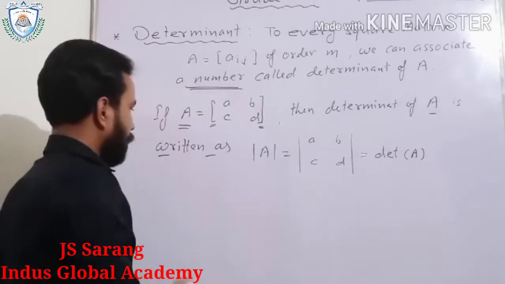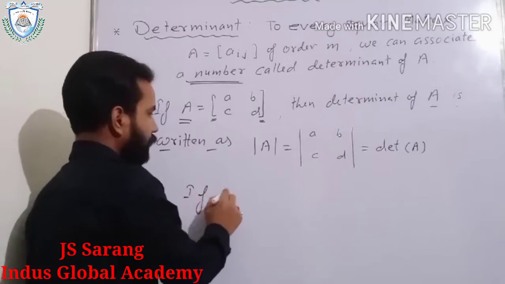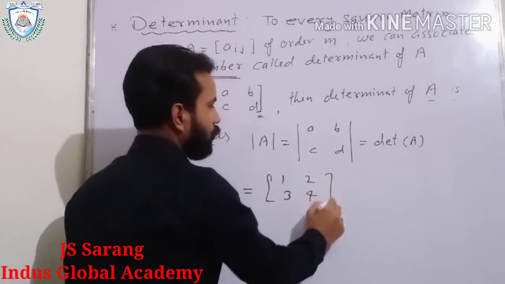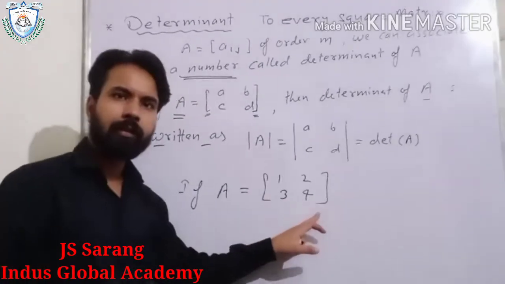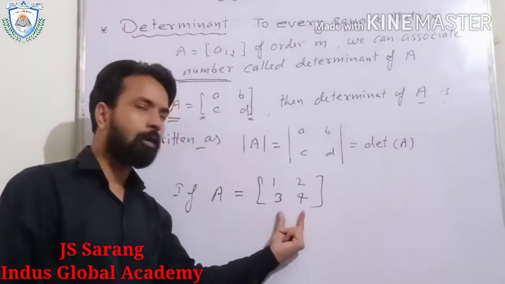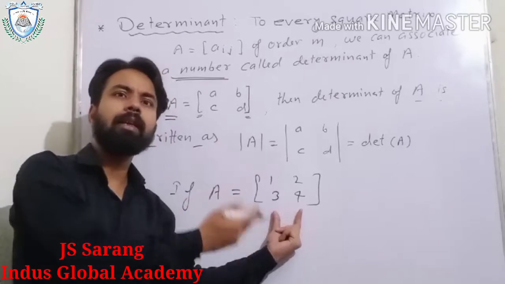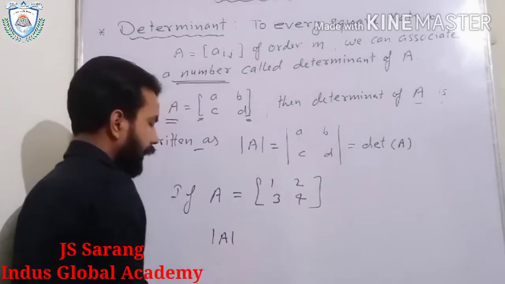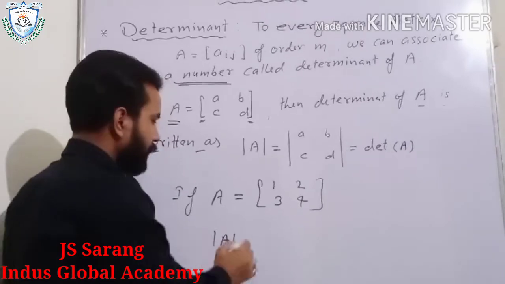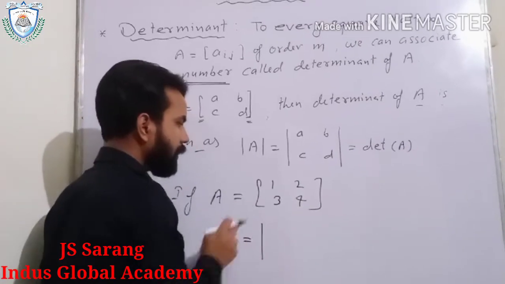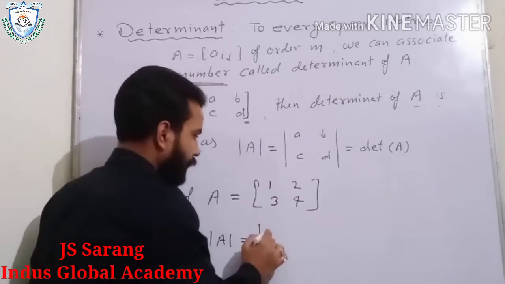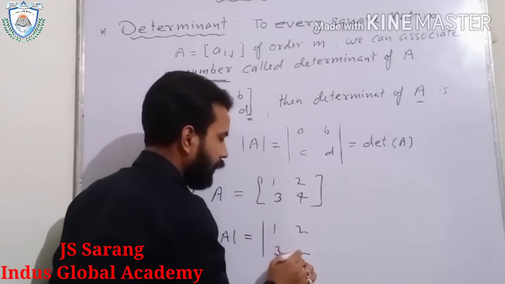Understood? For example, another matrix A is equal to 1, 2, 3, 4. Beta, here square brackets are there. That means this is in the form of a matrix. If we want to convert it into a determinant, we have to put A in between two vertical lines, so the square brackets are converted into vertical lines: 1, 2, 3, 4.